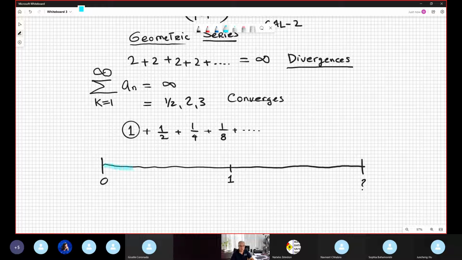It's the first. Plus the second, which is 1/2. Well, 1/2 is this segment. Suppose this is 1/2. And 1 plus 1/2 is 1.5 or 3/2.